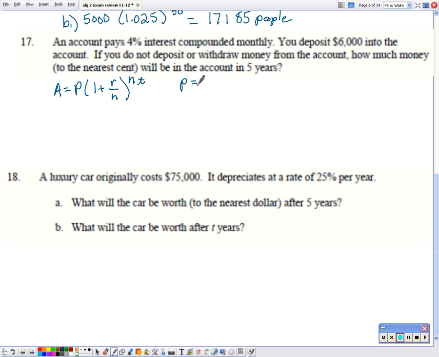Okay, remember P is the principal. R is rate as a decimal. N is the number of times compounded per year.